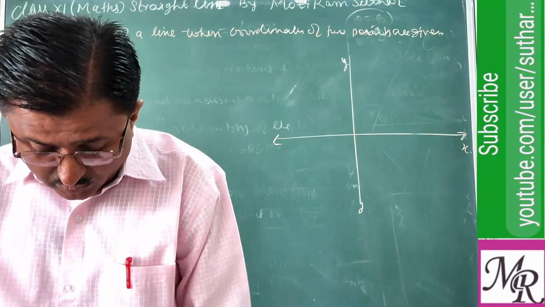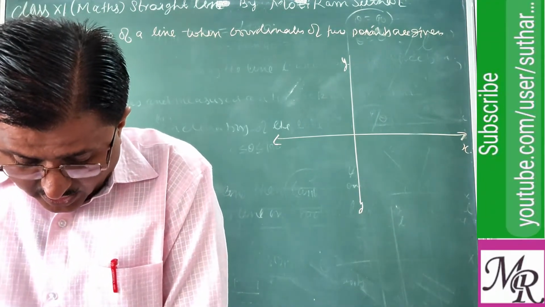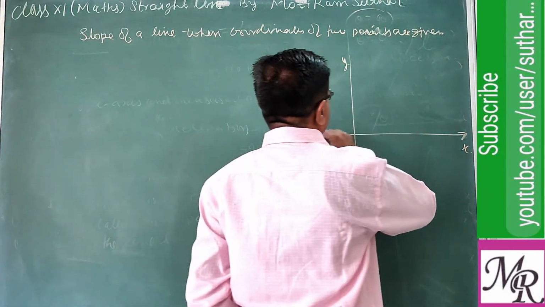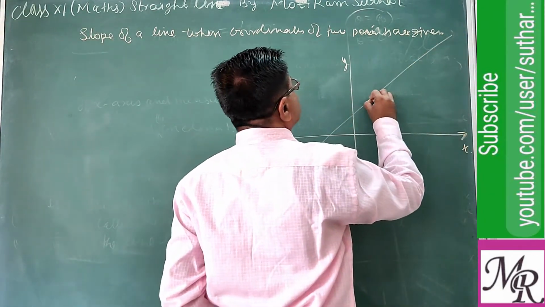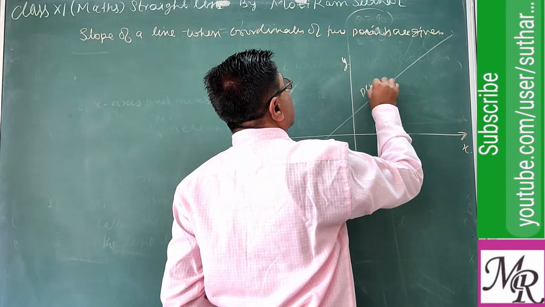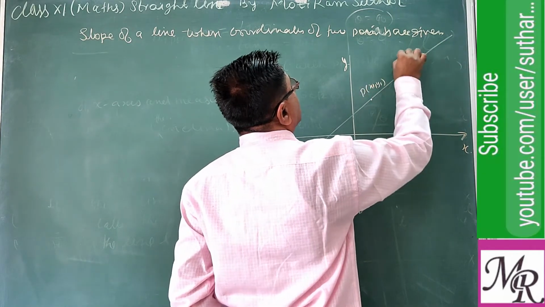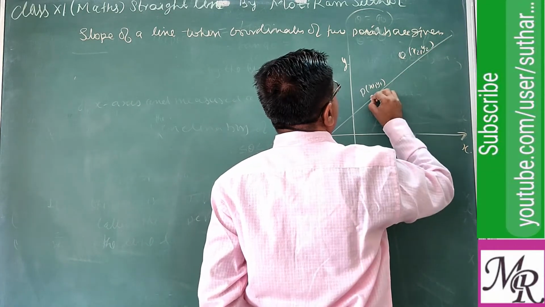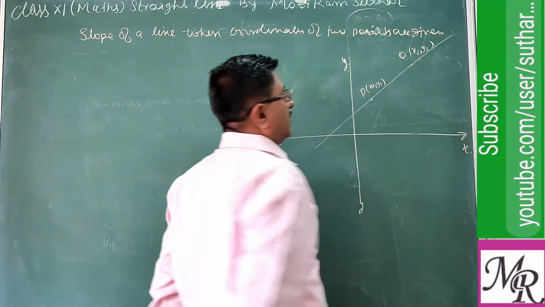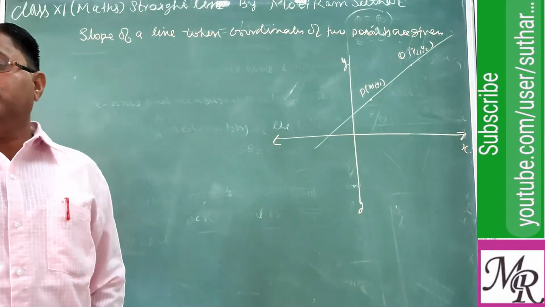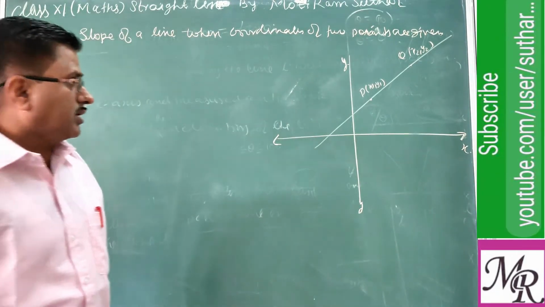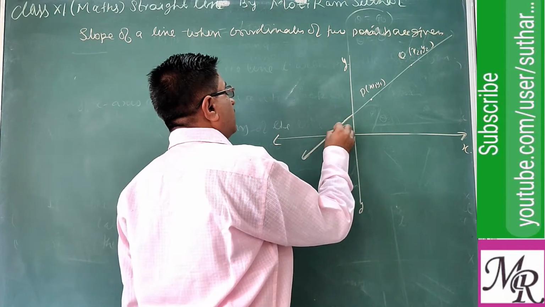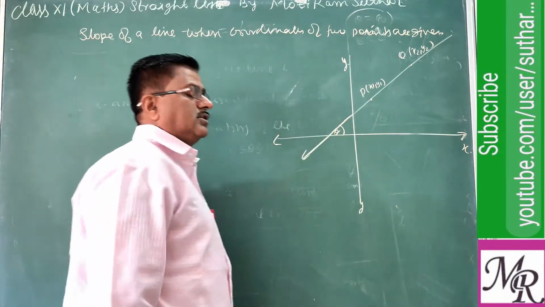But suppose we are not given theta, and we are given 2 points through which the line is passing, like this. Suppose this is P with x1, y1, and Q is given as x2, y2. Then what will be the slope of this line? Suppose this line makes an inclination with the x-axis of theta.